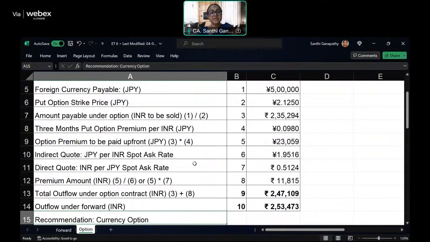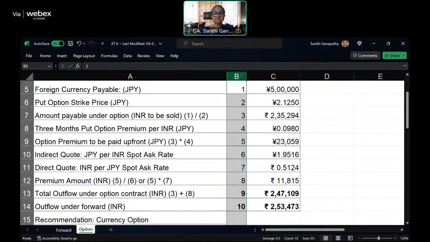Is the question. Whichever outflow is less, you want to choose. Therefore, you want to choose currency option.